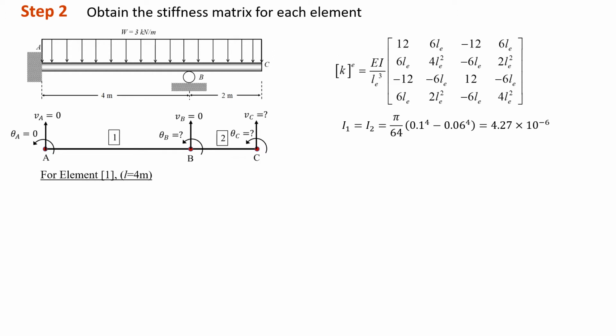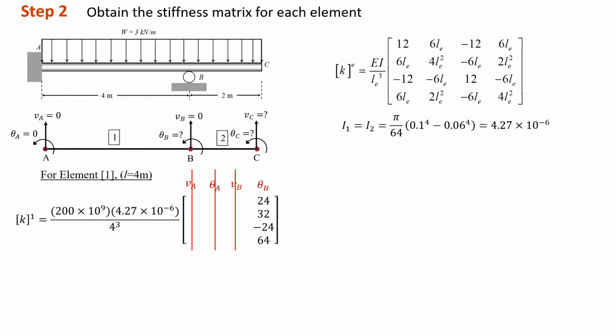For element 1, L is 4 meters. Then we can calculate the K matrix for element 1. Please take note, for element 1, as we know that VA, theta A and VB equal 0, we can eliminate those columns from the beginning, so that we just focus on the columns of the unknown degrees of freedom.